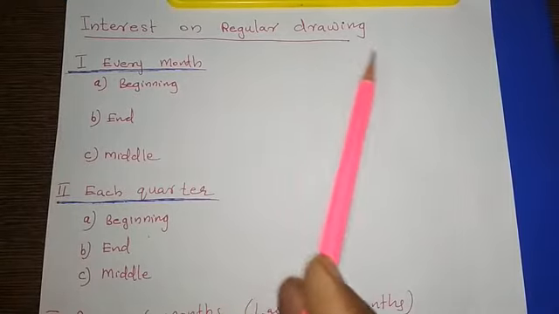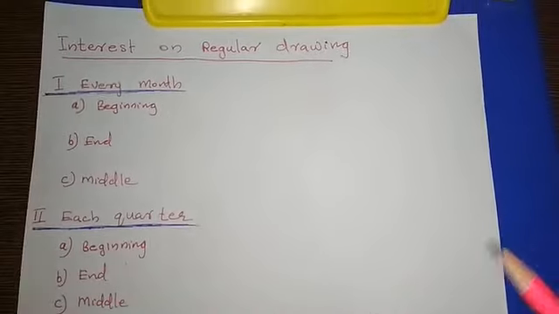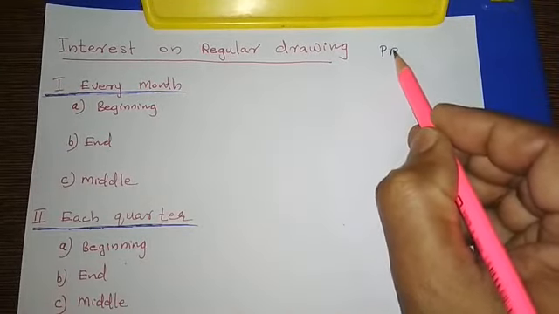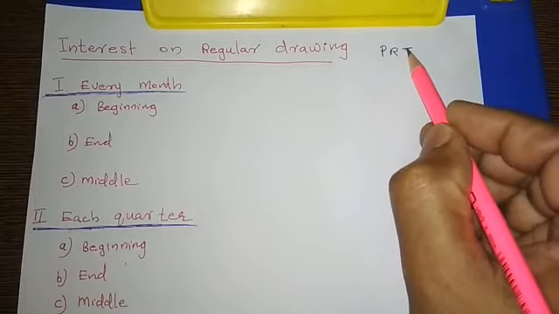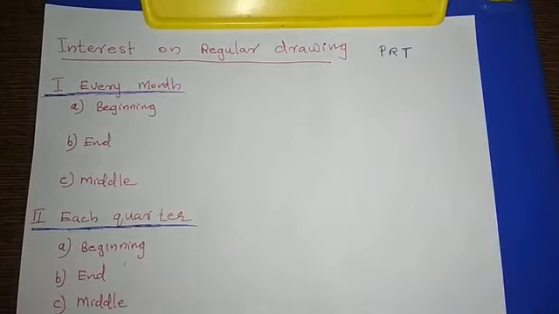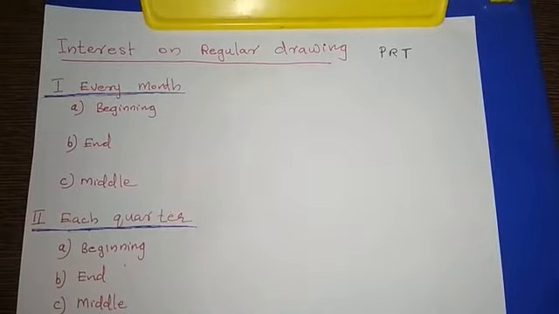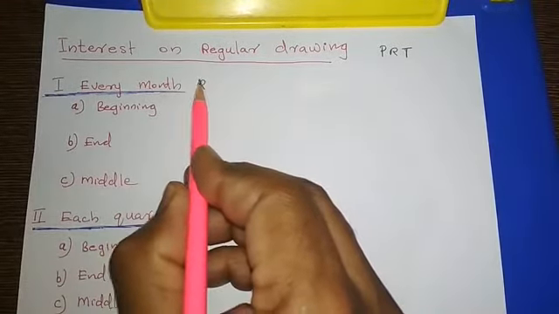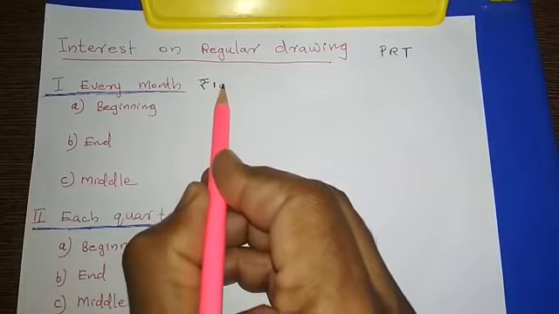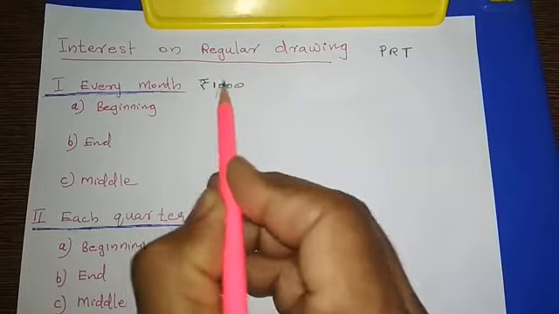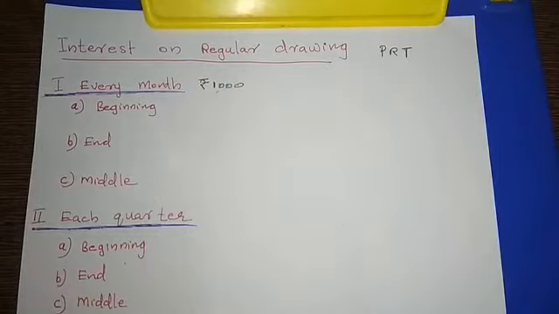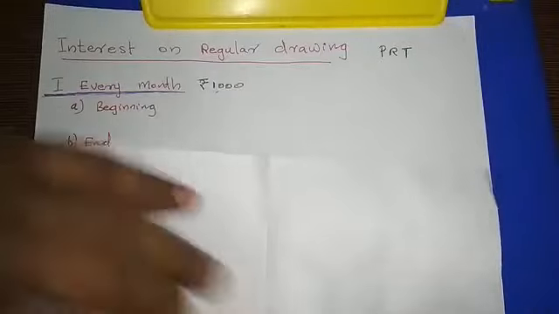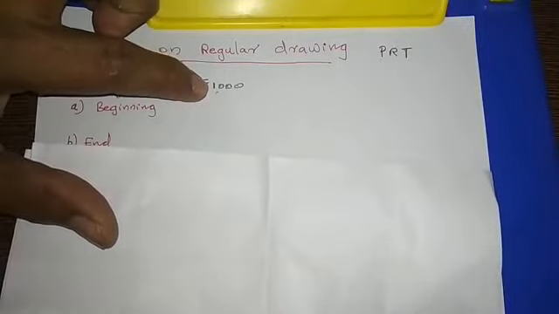And we know that to find out the interest on drawings, we use the principal amount, then rate and time. Suppose one partner is withdrawing a fixed amount, rupees 1000 per month. Then in total, how many drawings will there be? 12 months of drawings, that is 12,000.